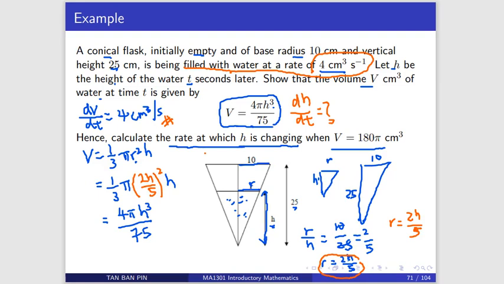So dV/dt is 4, and V is 4 pi h cubed over 75.